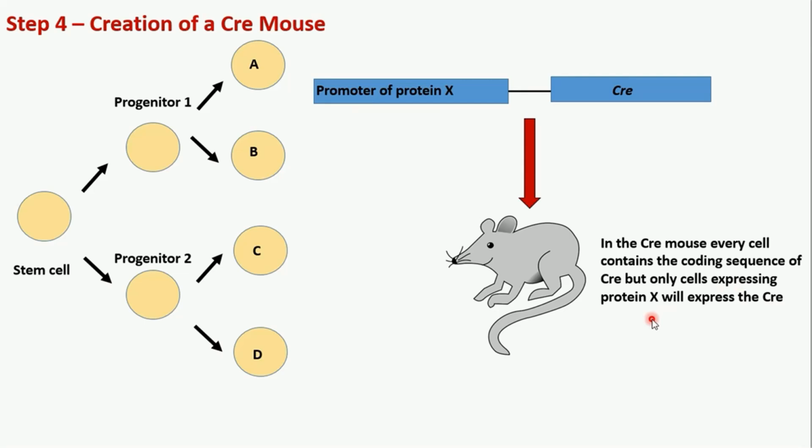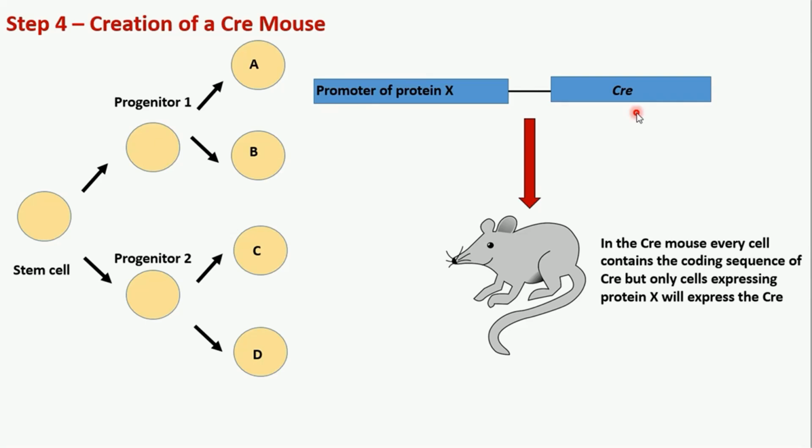So in the whole mouse the Cre coding sequence is present, but Cre is expressed only by our target stem cell. Now, if you want to analyze the lineage of hematopoietic cells, then instead of protein X, you will use the promoter of a protein specific to hematopoietic cells, and fuse it with the coding sequence of Cre.